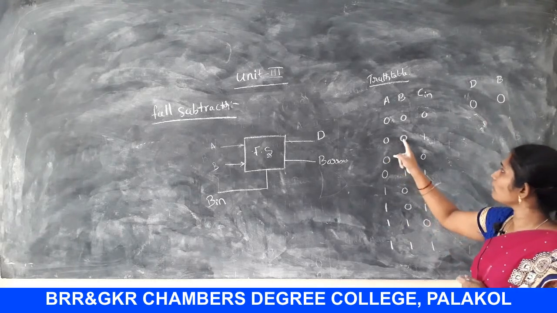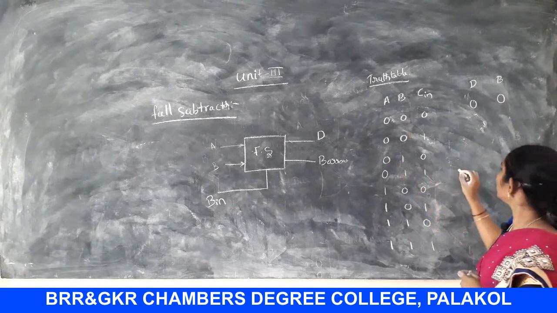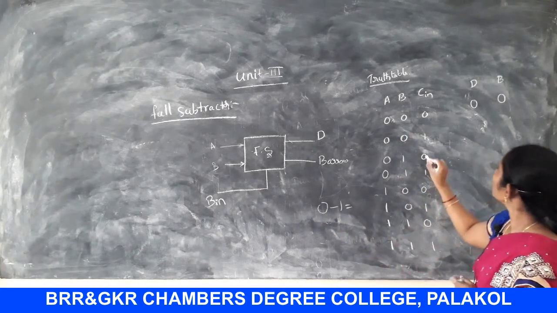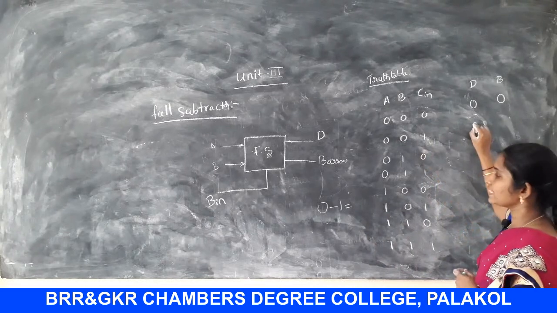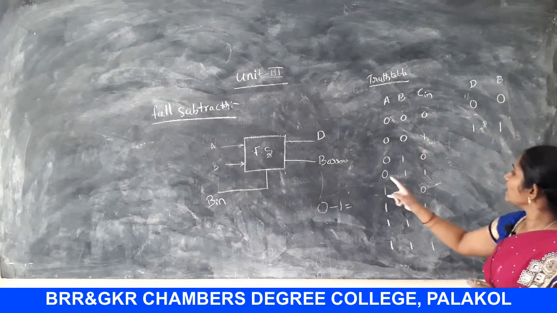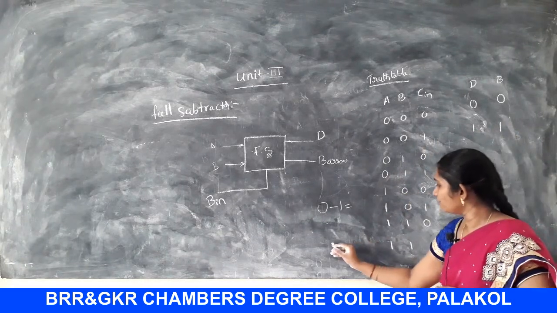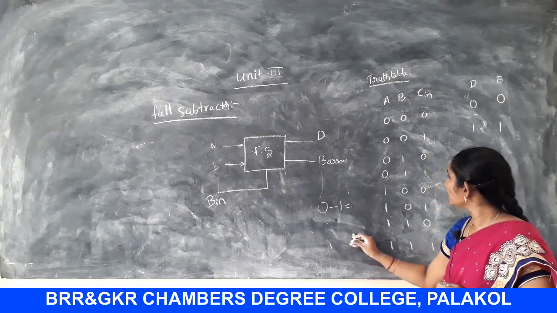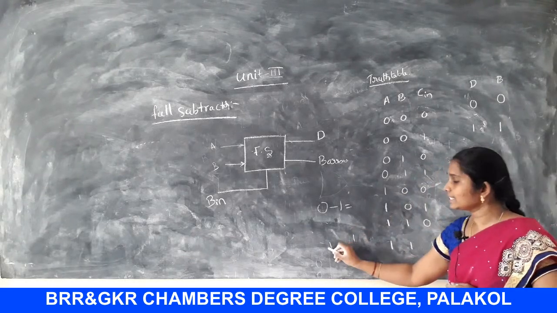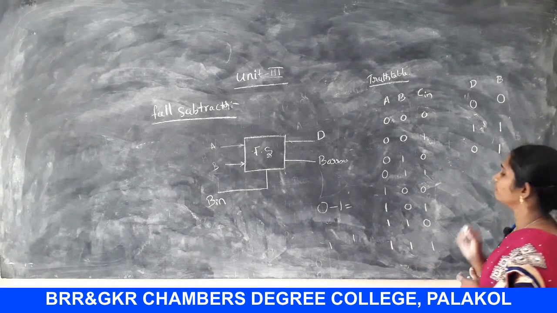Then 0 minus 0 is 0 and 0 minus 1, so the difference is 1 and the borrow is 1. Next one, 0 minus 1, the difference is 1 and the borrow is 1, and again 1 minus 1 is 0 and the borrow is 1.